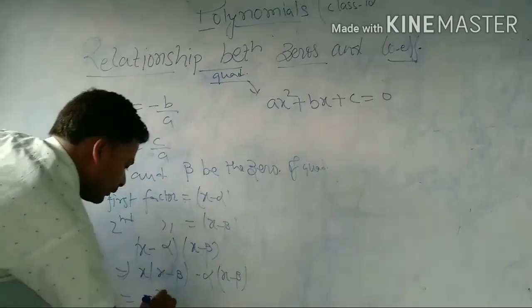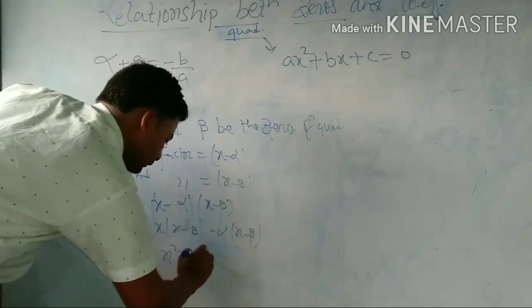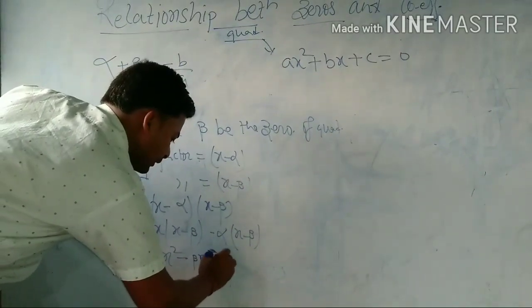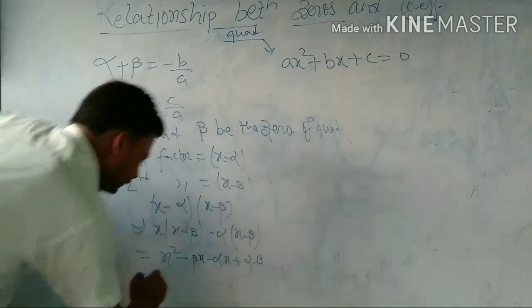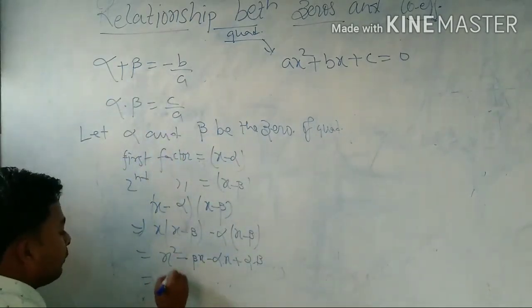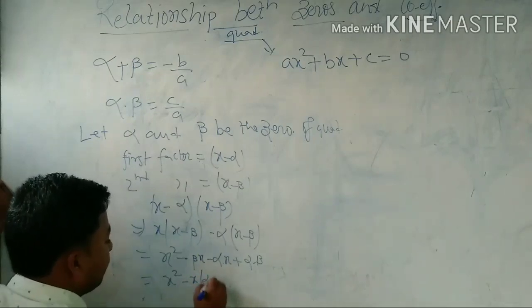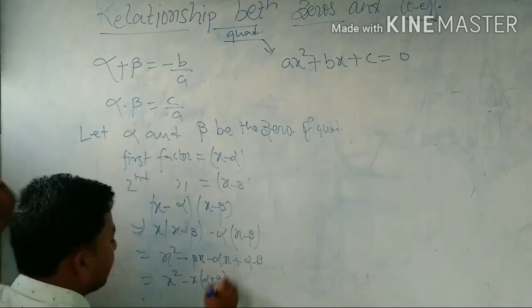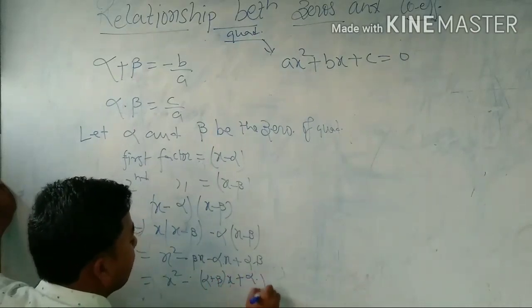x square minus beta x minus alpha x plus alpha into beta. This is equal to x square minus x common, alpha plus beta, plus alpha into beta. Finally this is like this.